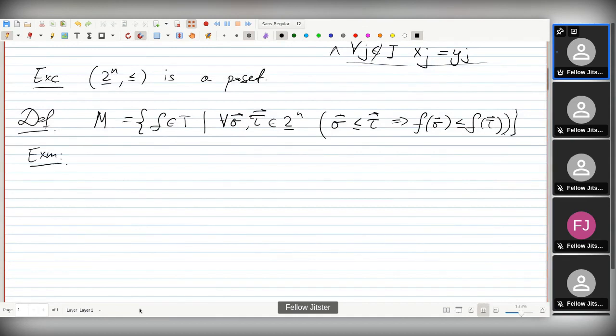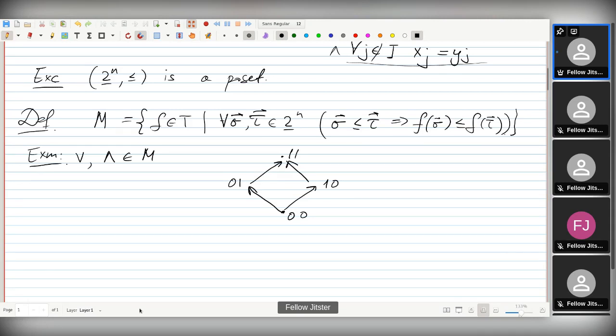A few examples. Our first example is, say, conjunction. Conjunction is monotonic, and disjunction is monotonic. Why is it so? It is easy to see that. Let us depict our ordering as a diagram. So 0,0 is strictly less than 0,1, 0,0 is strictly less than 1,0, and both these tuples are strictly less than 1,1.